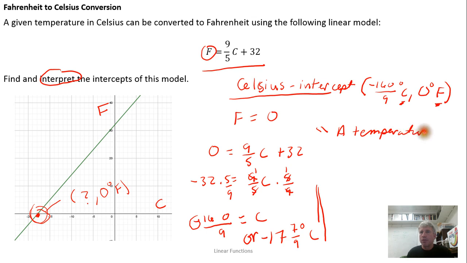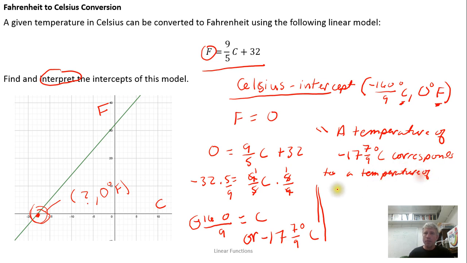temperature of negative 17 and 7/9 degrees Celsius corresponds to a temperature of 0 degrees Fahrenheit.